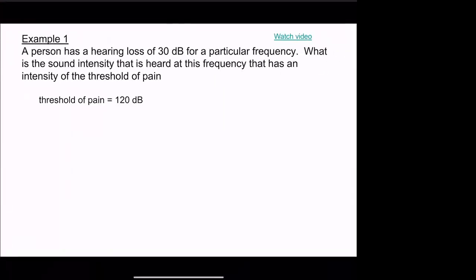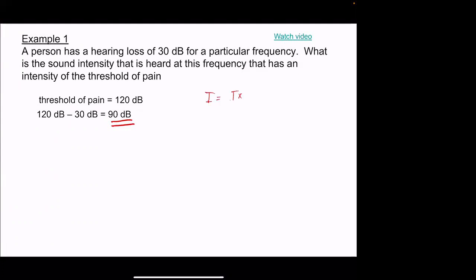All right, their threshold of pain is 120 decibels. So our intensity is 90 decibels. That's our intensity. So we want to find the intensity at this level. So it's pretty much the same as last time. I equals I naught times 10 to the beta over 10.